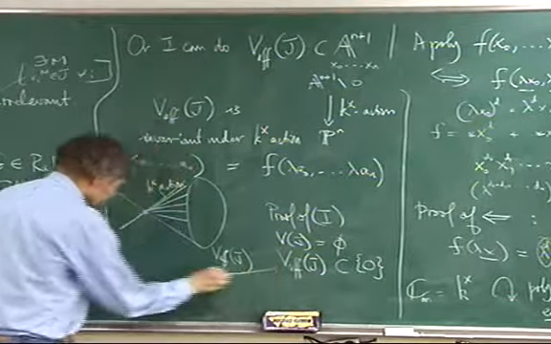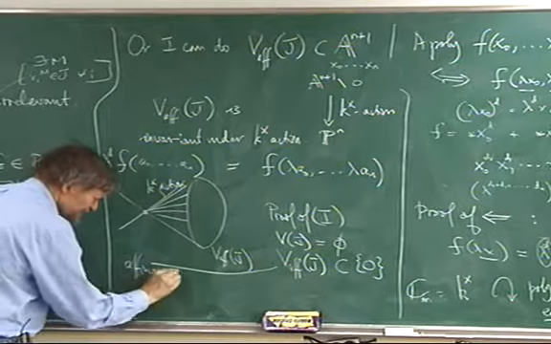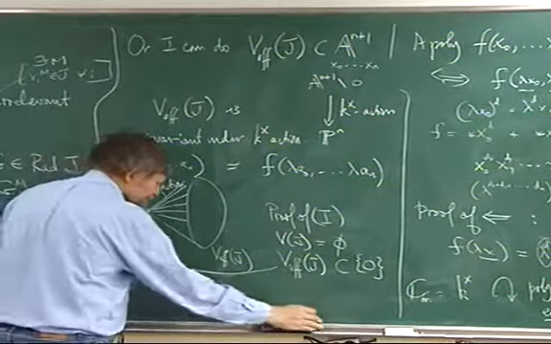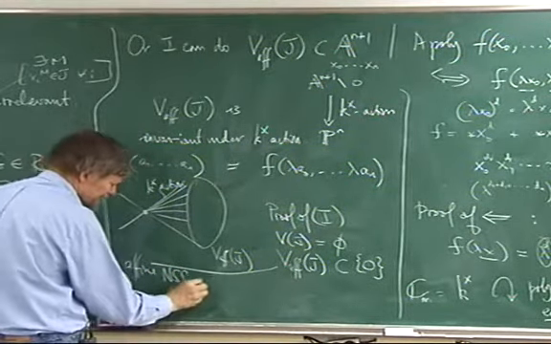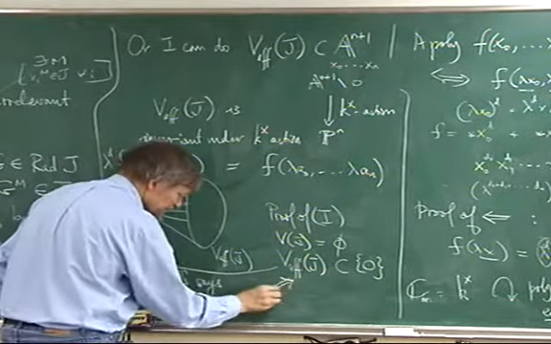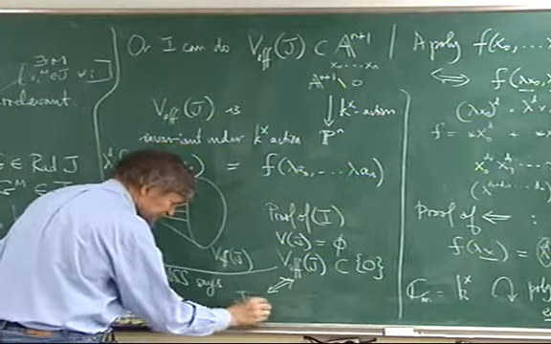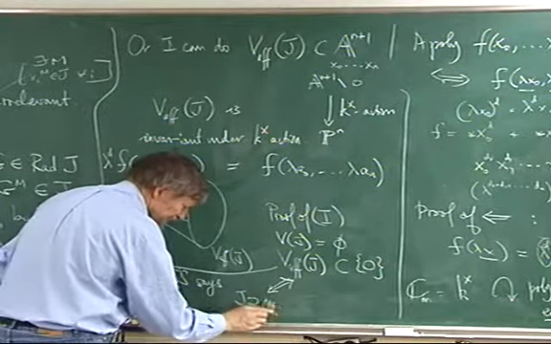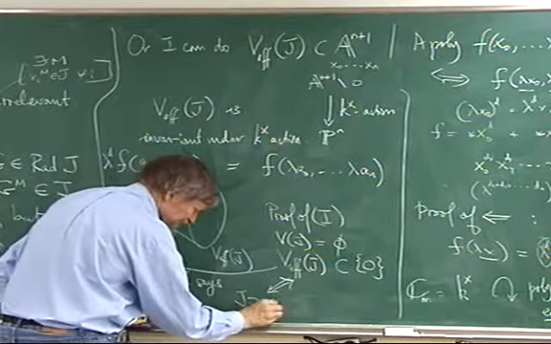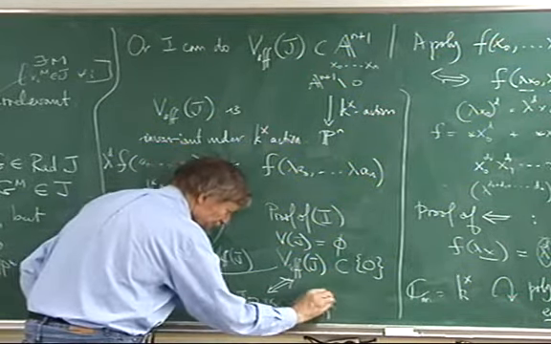And then by the affine Nullstellensatz, the affine Nullstellensatz says this happens if and only if J contains the maximal ideal (x_0, ..., x_n) to the power of m.